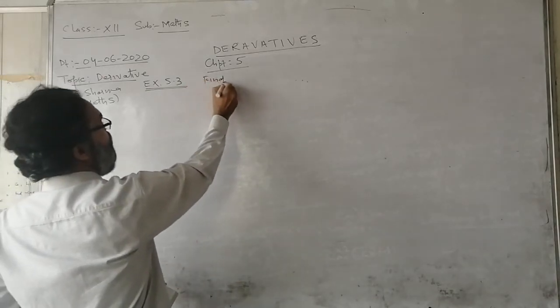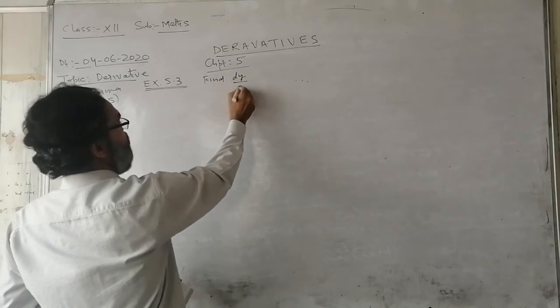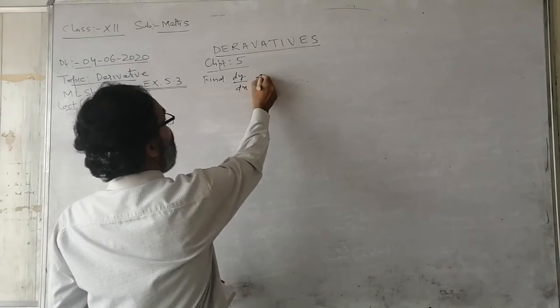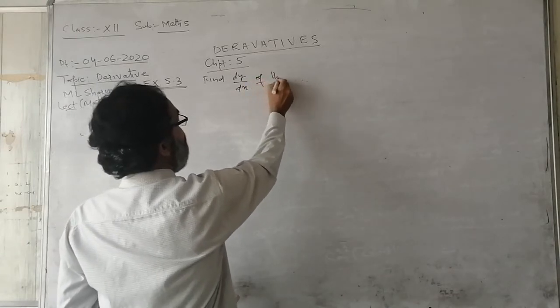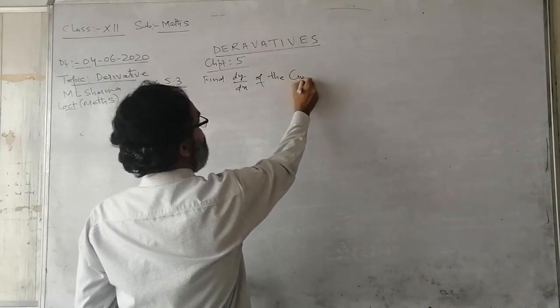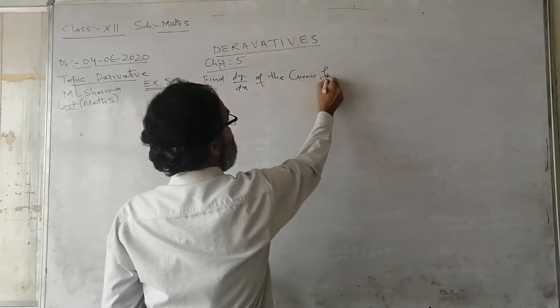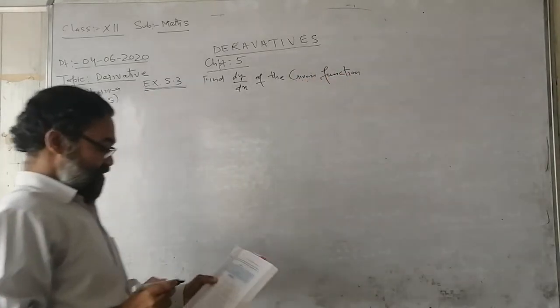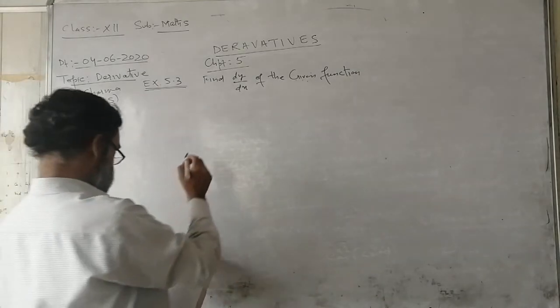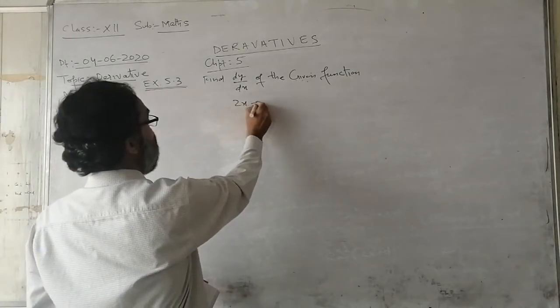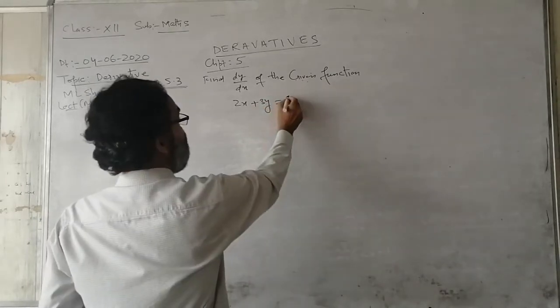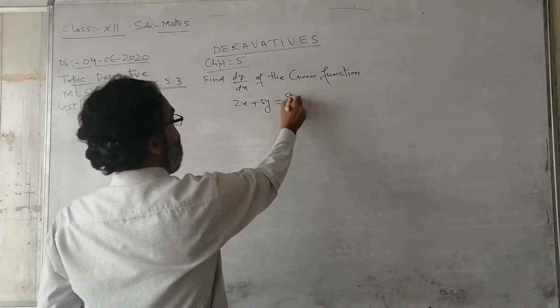Find dy upon dx, that is the derivative of the given function. So the function is 2x plus 3y equal to sine x.